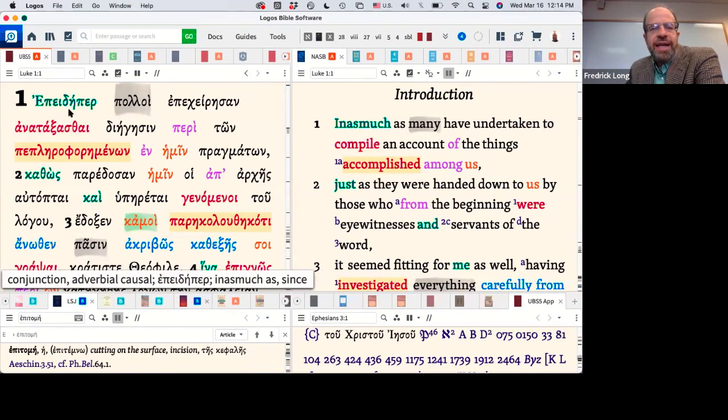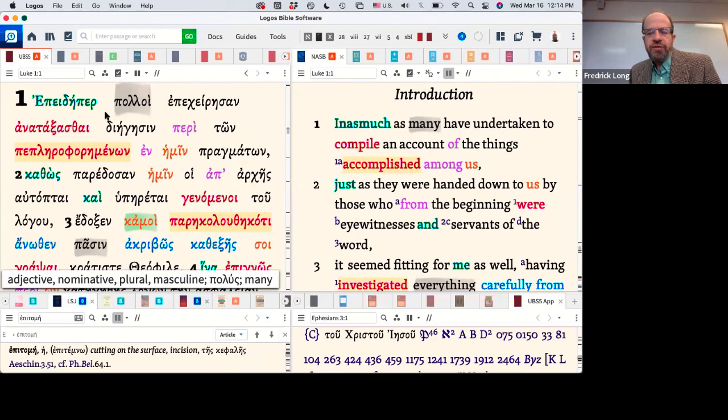So, epeideper. One of the benefits of learning beginning Greek is that you learn typically vocabulary occurring 50 times or more. This is the standard vocabulary that gets you about 81% of the words in the Greek New Testament.